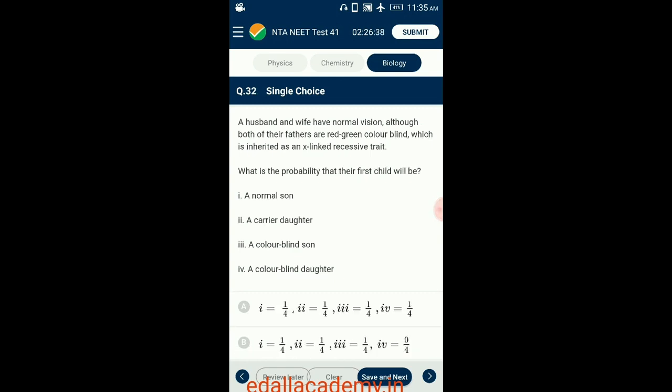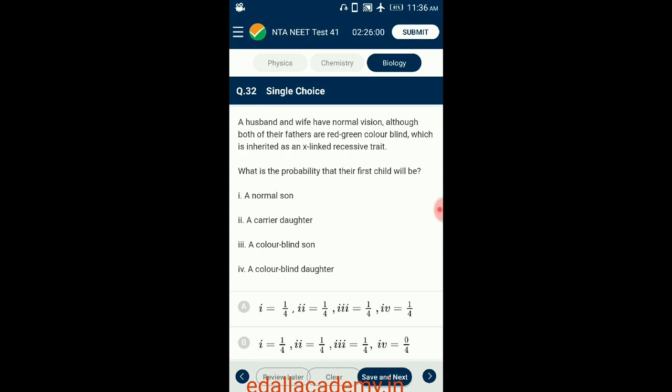Question 32. A husband and wife have normal vision although both of their fathers are red-green colorblind, which is inherited as an X-linked recessive trait. What is the probability that their first child will be? Mother is a carrier because her father is colorblind and father is normal, hence their genotypes are X^C X^c and X^C Y respectively.